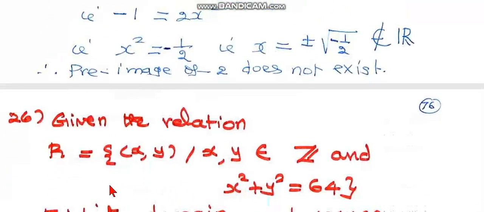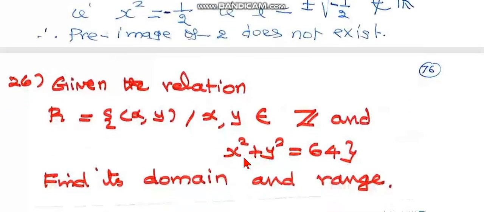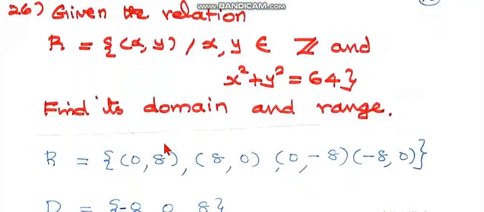So question number 26. Given the relation, the set of all xy such that x comma y belong to the set of integers and x square plus y squared equal to 64, find its domain and range. So what are the integers x comma y which satisfy this x square plus y squared equal to 64?